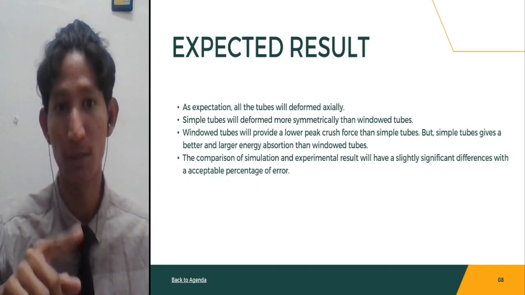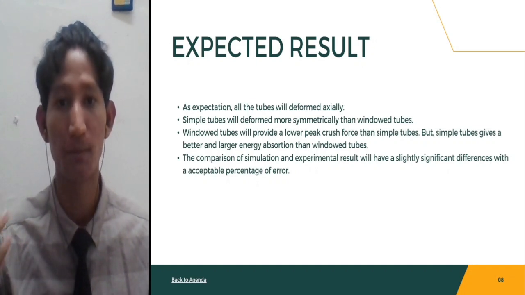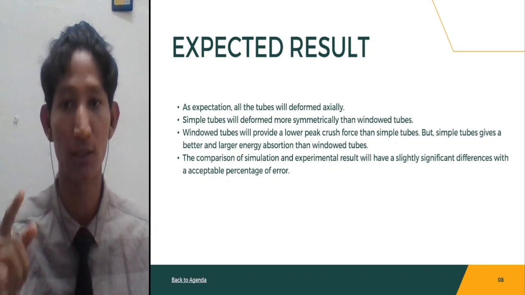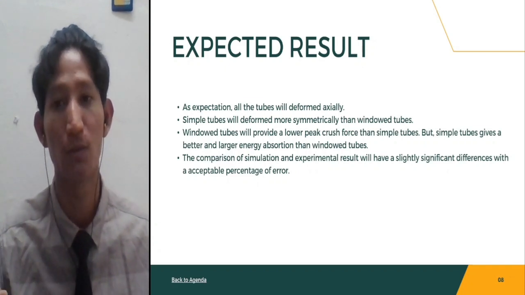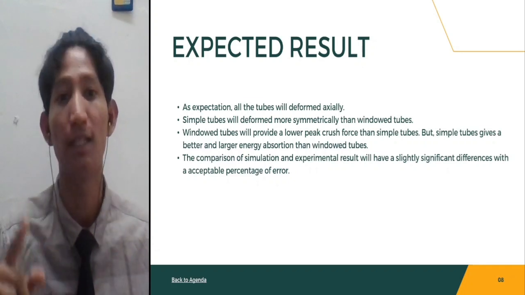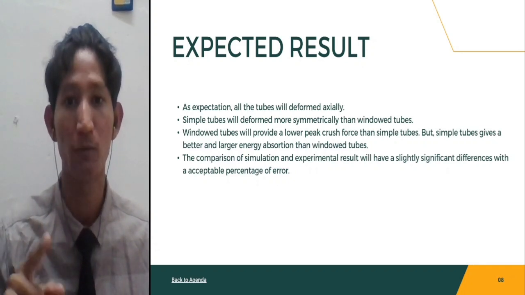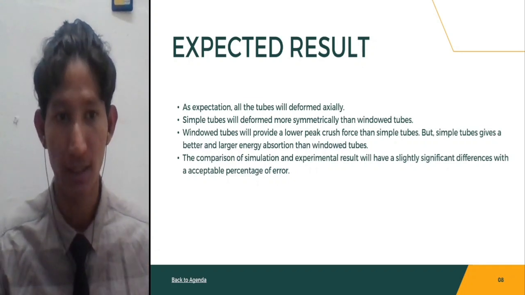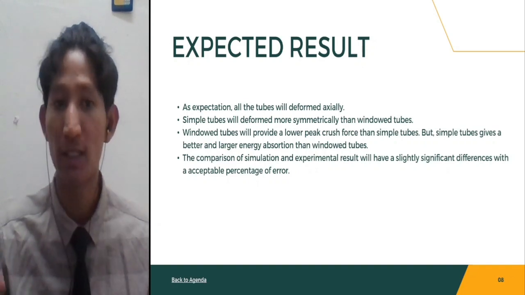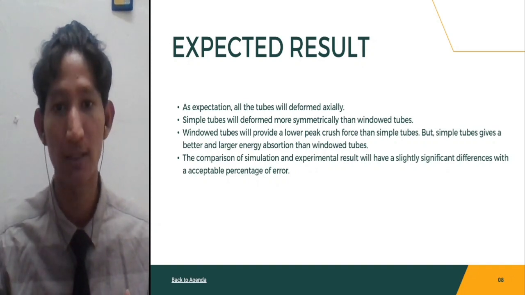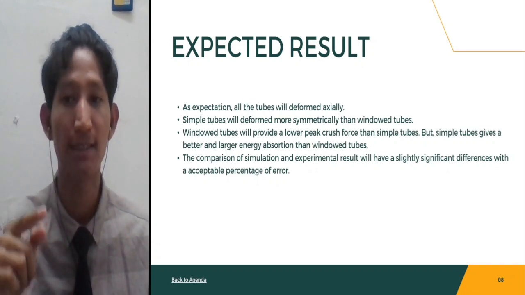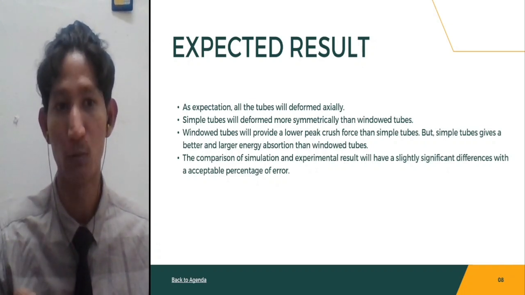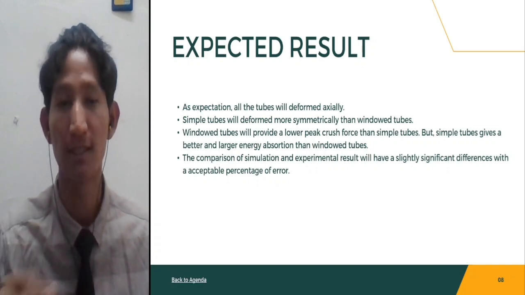Window tubes will provide a lower peak crush force than simple tubes, but simple tubes will give a better and larger energy absorption than window tubes. Then the last, the comparison of simulation and experimental data will have a slightly significant difference with an acceptable percentage of error.